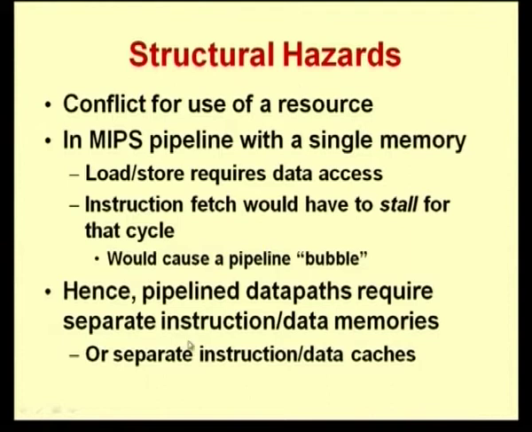But what we have actually done is, in the pipeline data path, we have used a separate instruction memory and a separate data memory. The reason that we used separate instruction and data memory is in order to avoid the structural hazard. If we had both of them accessing the same memory, you will find that there are two stages: the IF stage, the instruction fetch stage, where the memory has to be accessed, and the MEM stage, again where the memory has to be accessed.